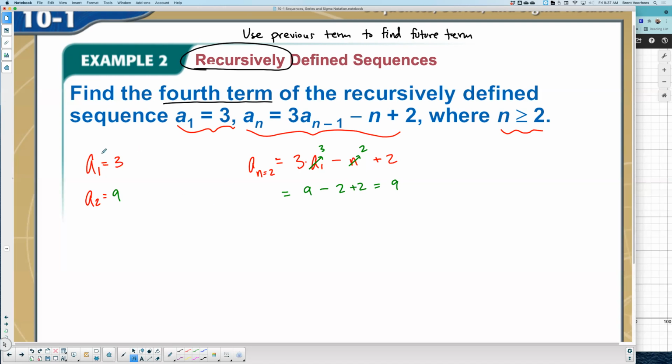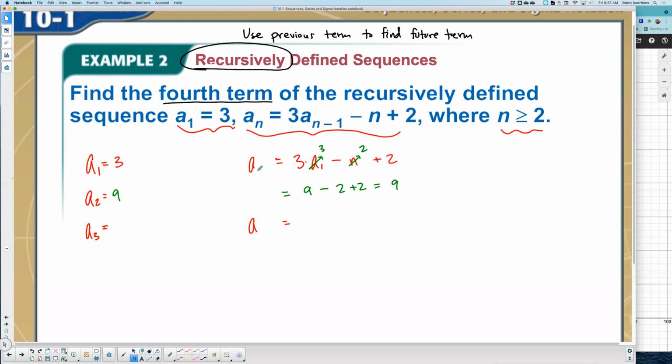Now we're supposed to find our first 4 terms. So now that I found the second term, guess what I can now find? The third term. To find the third term, I'm now going to treat n as being equal to 3. I'm going to change one more thing just to make my notes consistent from here on out.